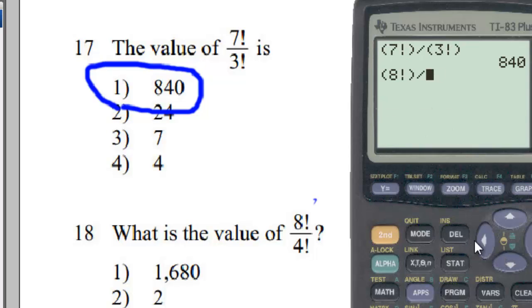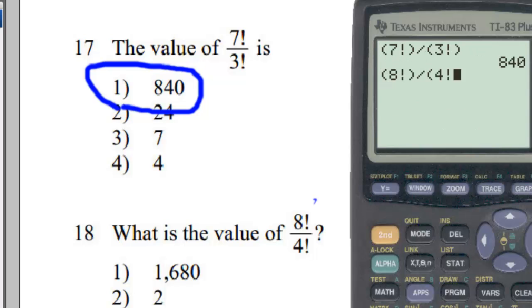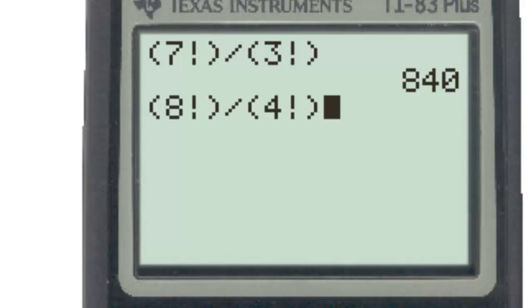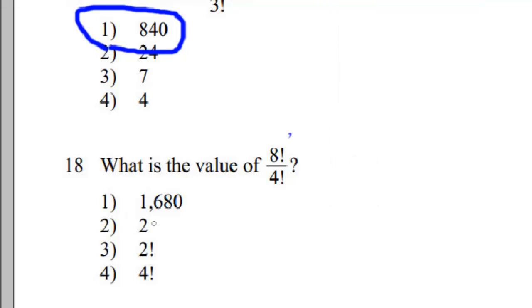Oops, I forgot to add the sign. Open parentheses, 4, math, close parentheses. This is what you should have in your calculator. When you press enter, you're going to get 1680. The answer to number 18 is also option number 1.